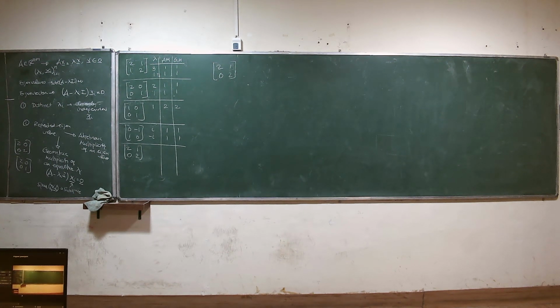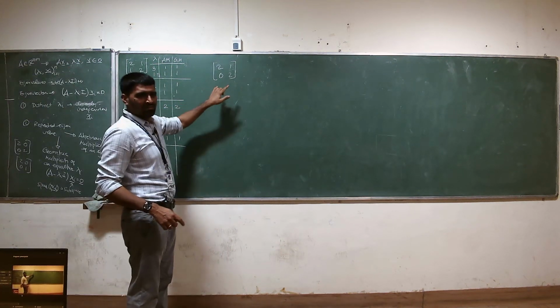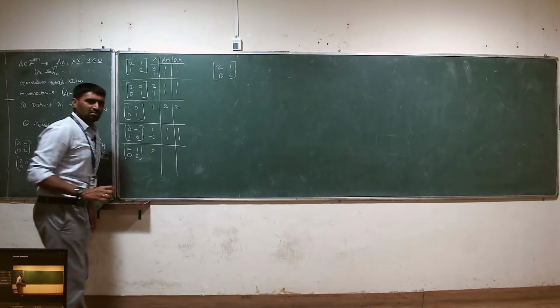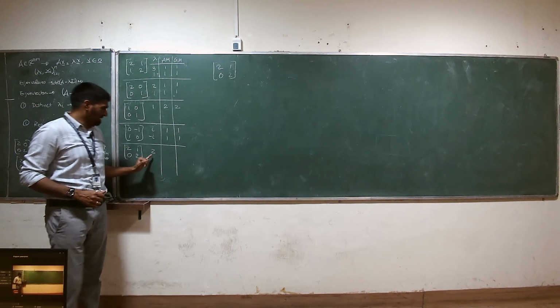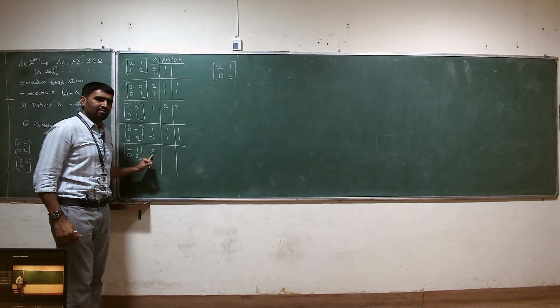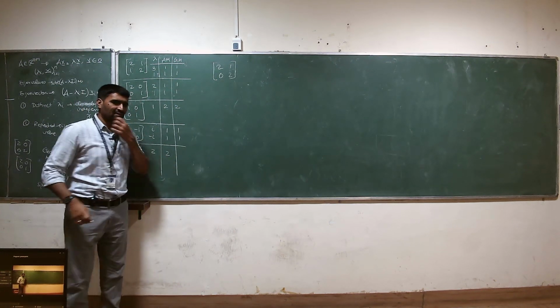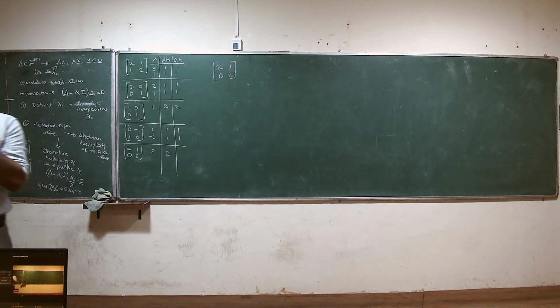One and 3. Yes. What is the algebraic multiplicity of 2 now? 2. It's repeated twice. Let's find the corresponding eigenvectors.